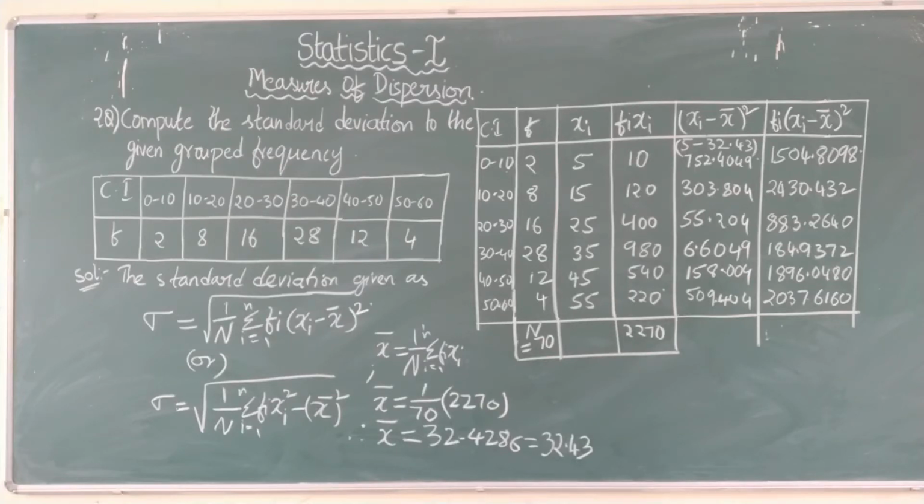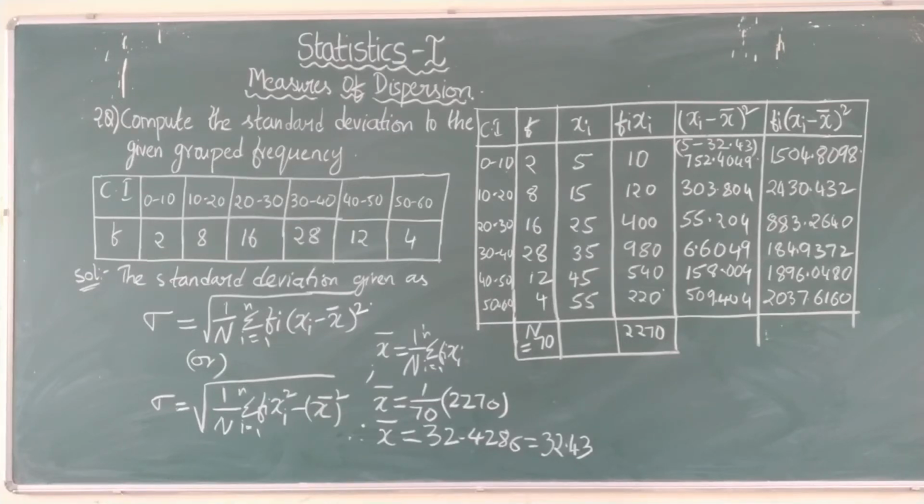1504.8098 plus 2430.432 plus 883.2640 plus 184.94. Next 1896.0480 plus 2037.6160.